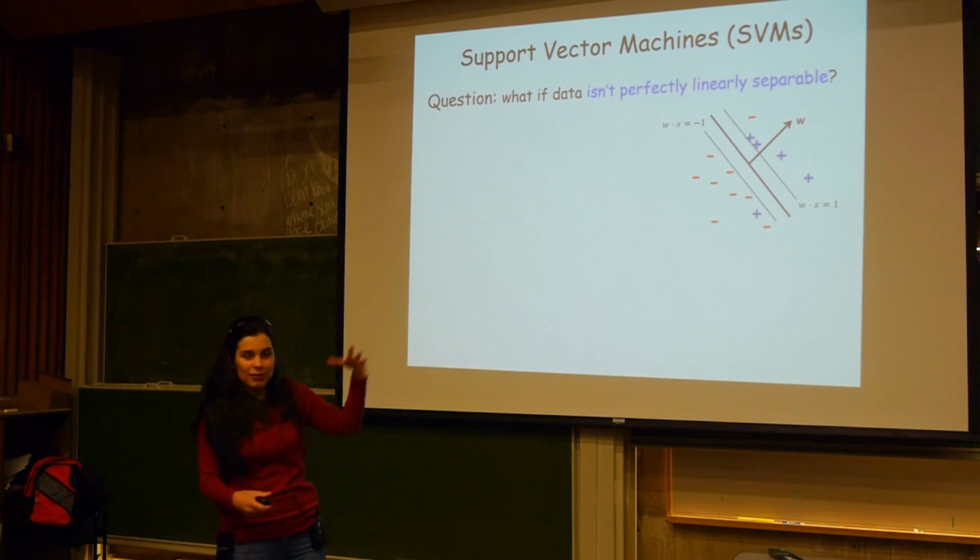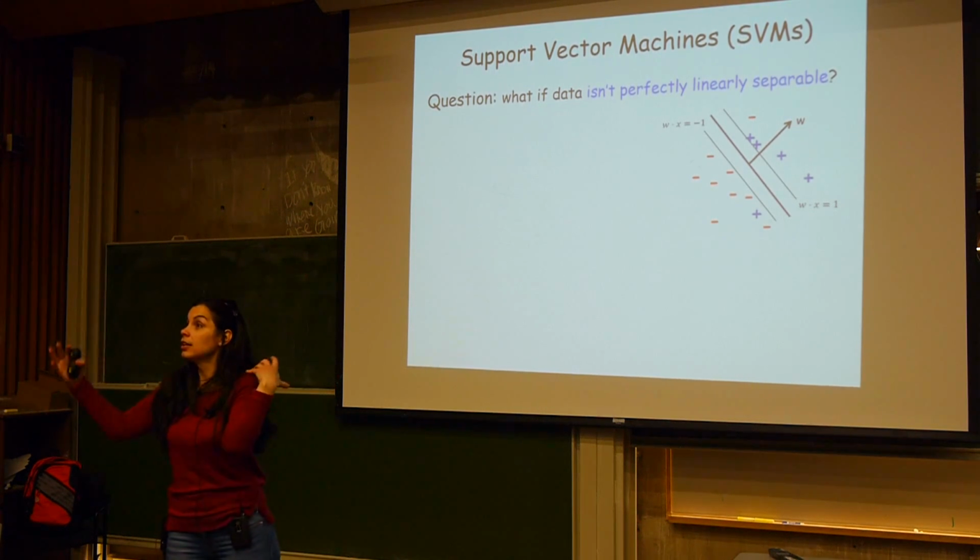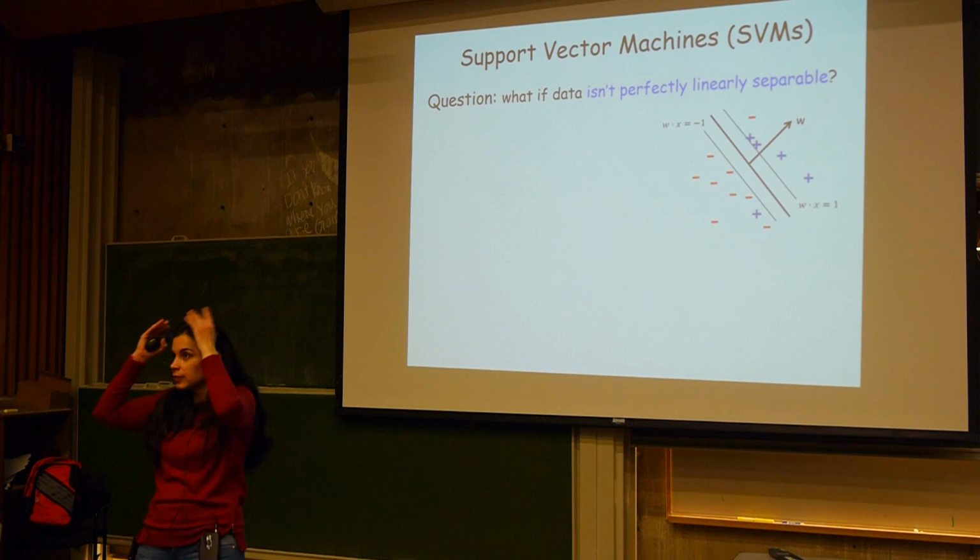Now on this slide, I'm going to have the classic way to write down SVM once you have a few outliers.